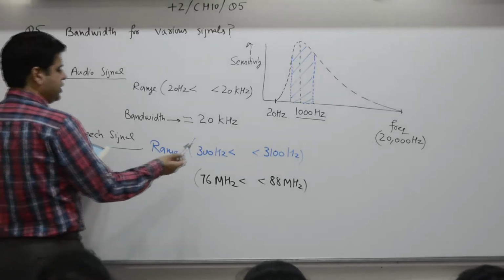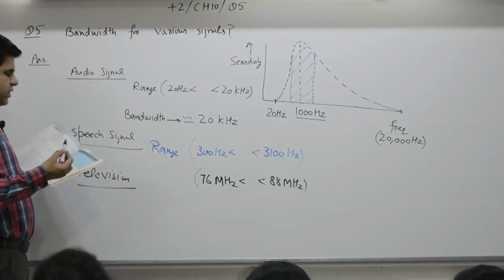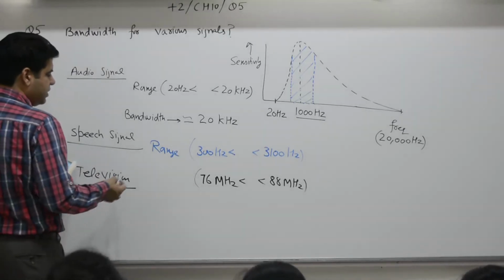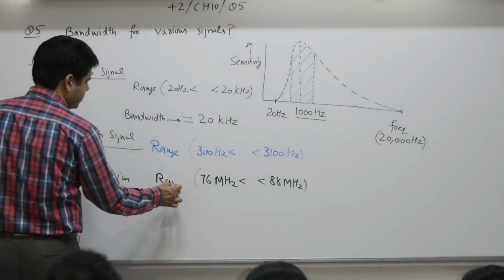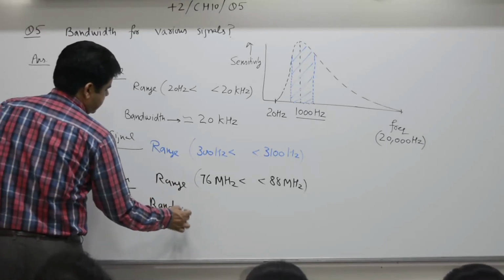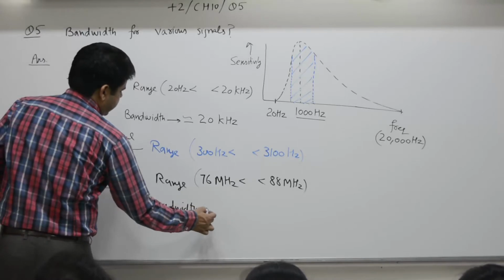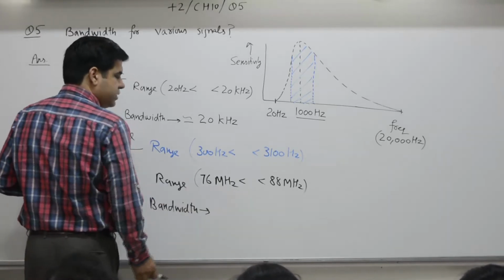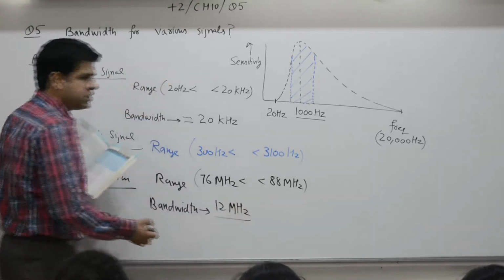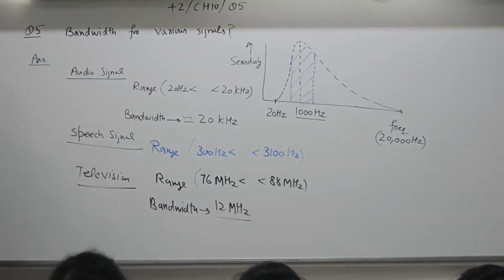So 76 to 88 is easy to remember, otherwise there is a set of frequencies. As per NCERT, this range gives a bandwidth of 12 megahertz. Nothing to worry about, it simply gives you an approximate value.